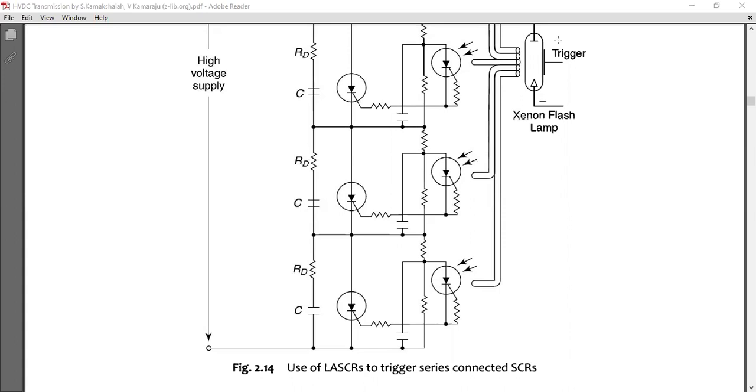These light activated SCRs are used for gate activation. This type of light activation provides gate isolation, and it requires gate isolation.